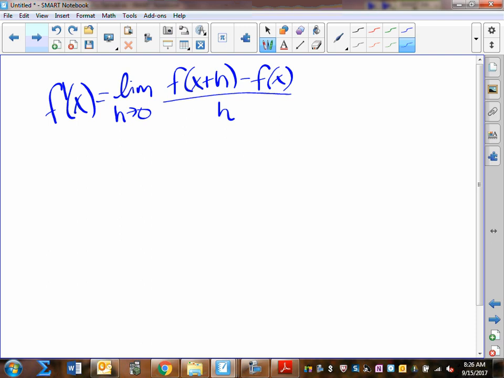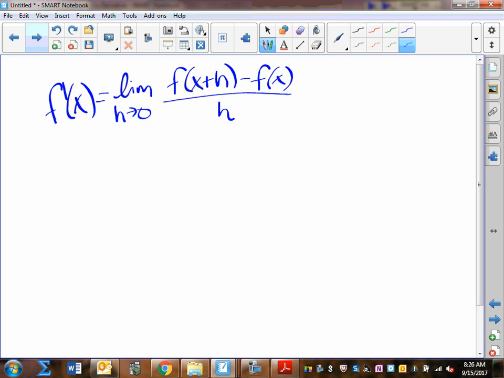Okay. So this is one of my limit definitions of a derivative. So our derivative is defined as this limit here. And in order for my derivative to exist, that limit needs to exist. So let's think about that.